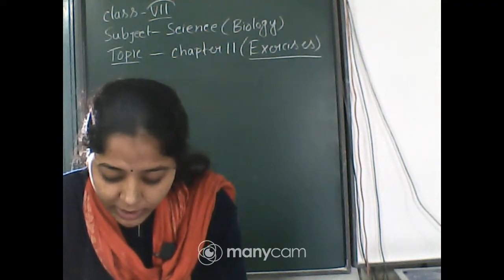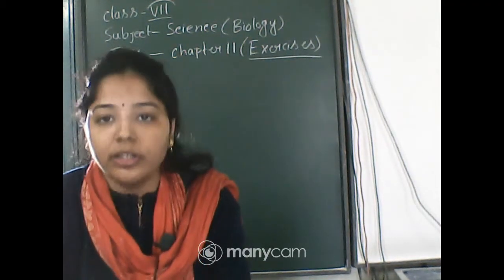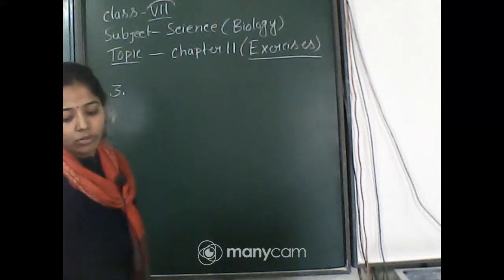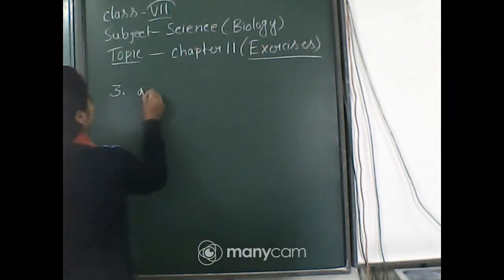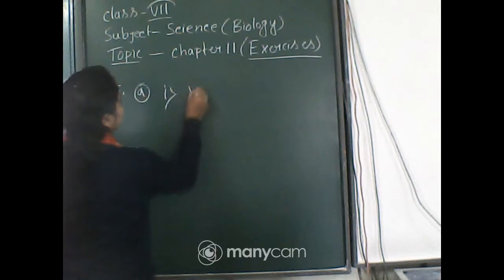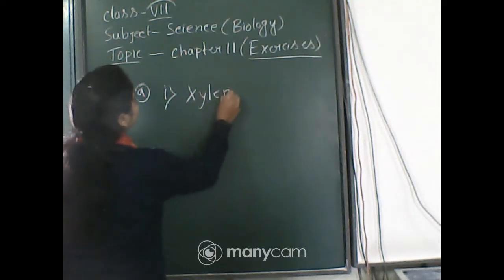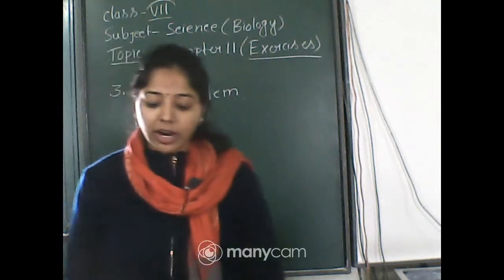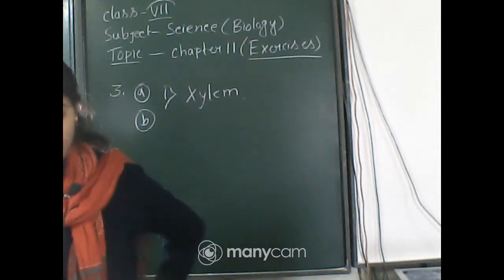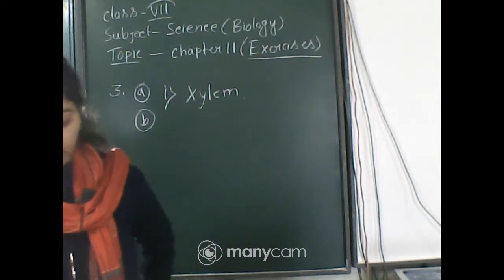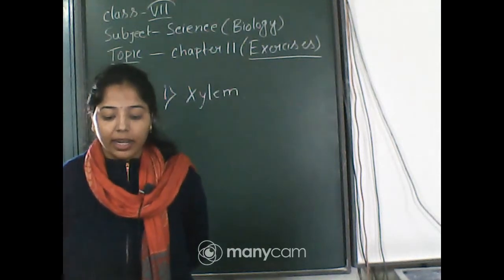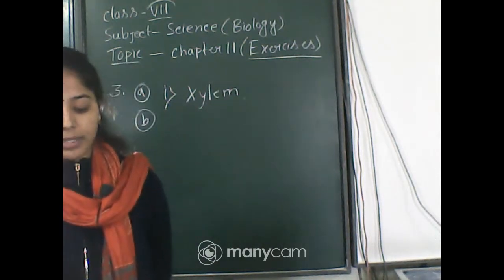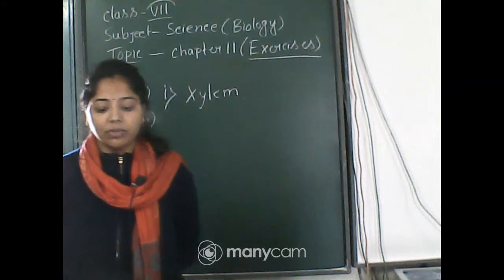In plants, water is transported through, that I have already told, the main function of xylem. So the answer will be 3A1, xylem. Now question B: water absorption through the roots can be increased by keeping the plants in the shade, in dim light, under the fan, or covered with a polythene bag?